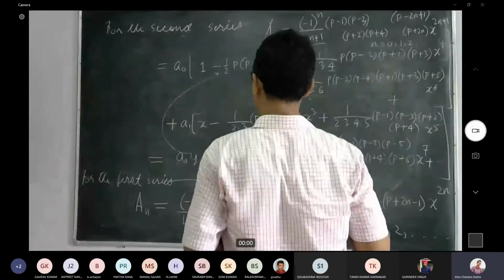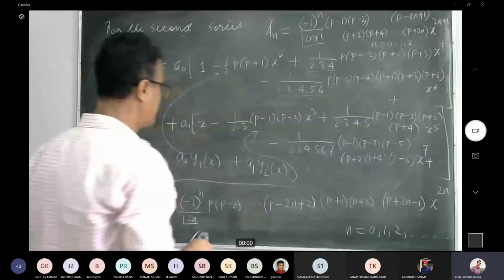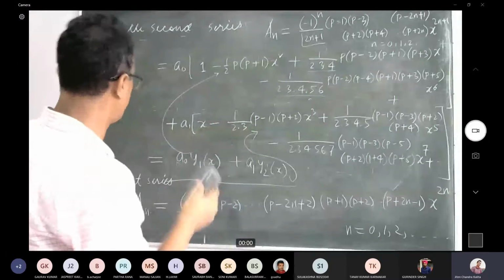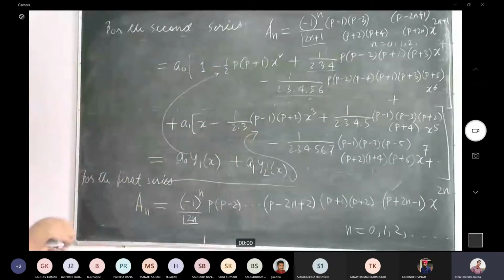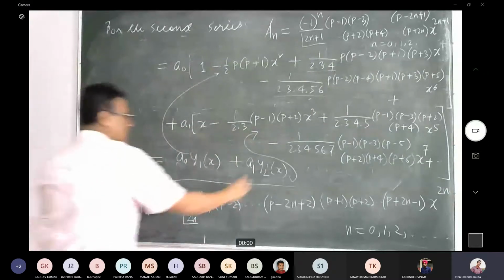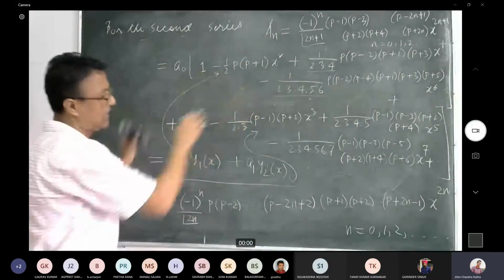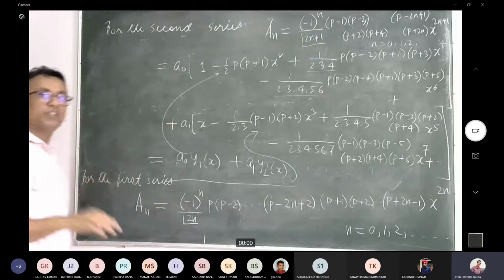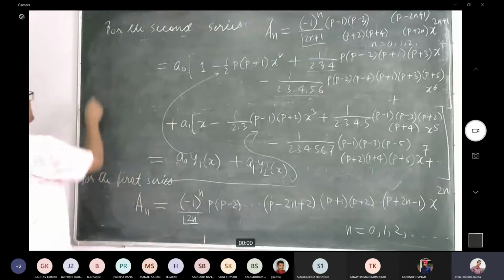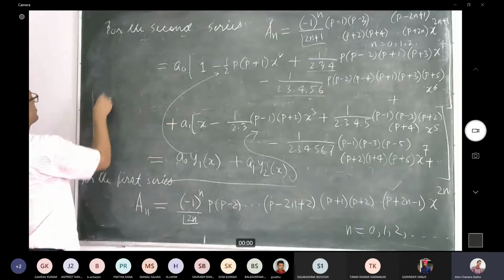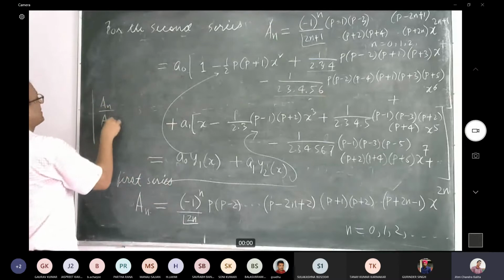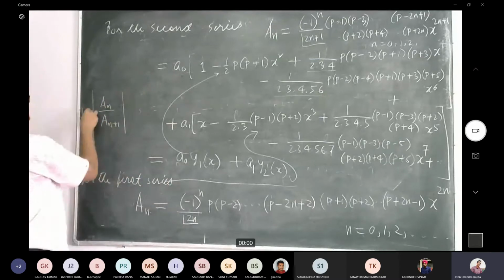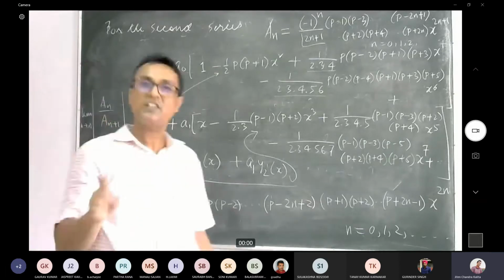I still don't want to erase the series because I would like to draw your attention to something else later on. Anyway, let me just concentrate on one series, and the other series you can easily work out. Now, as I have told you, if I want to find the radius of convergence, I could have taken the limit as n tends to infinity of a n plus 1, and that would have given me the radius of convergence.